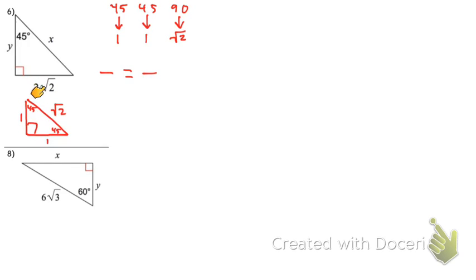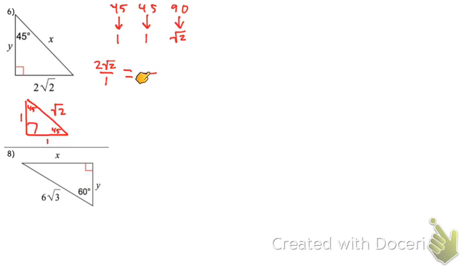So 2 times radical 2 matches with 1. So that's going to create my first fraction. Original over new. So 2 radical 2 is my original, over 1 from my new. And again, I got 2 radical 2 from here. And then it matches with a 1, so it goes on the bottom.